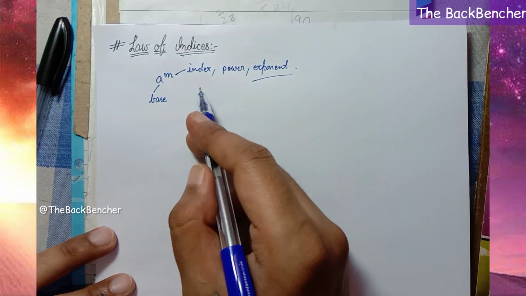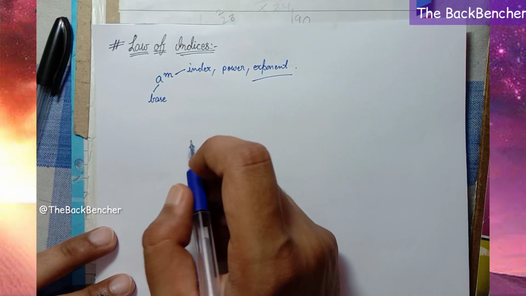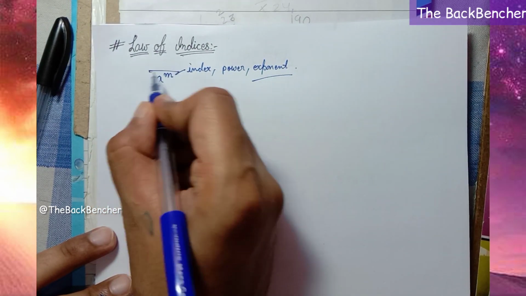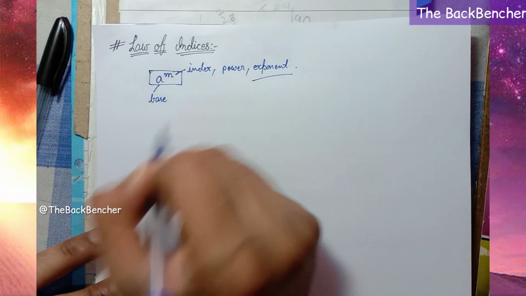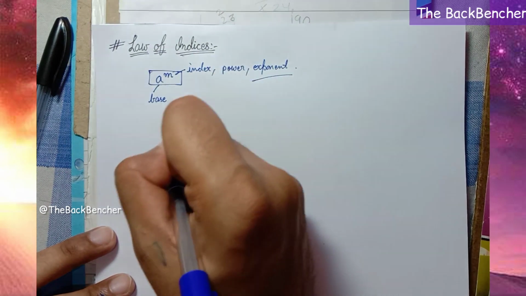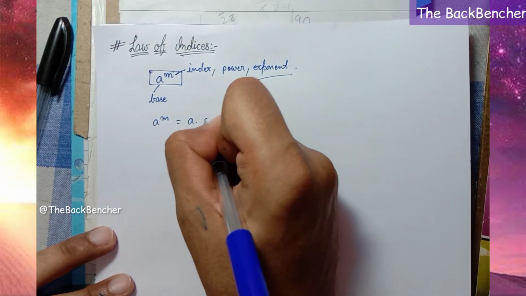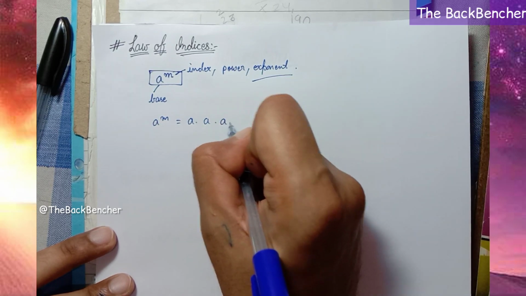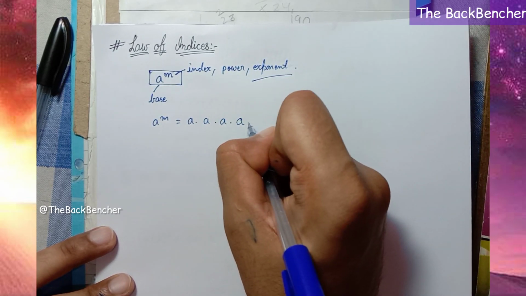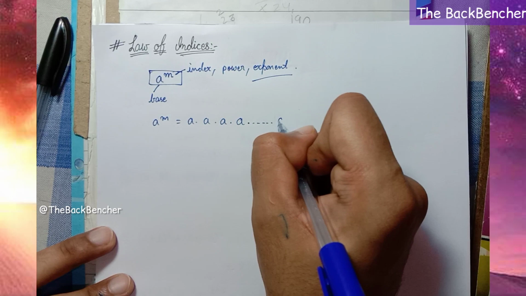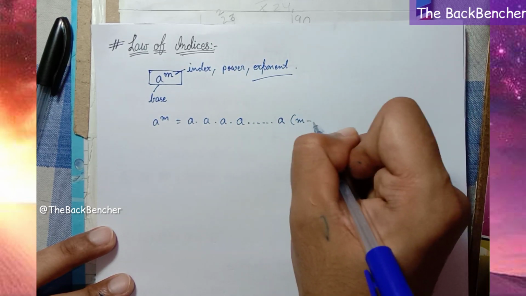Now we'll go through some rules of this type of number. Indices is the plural form of index. A to the power m equals a multiplied m times.